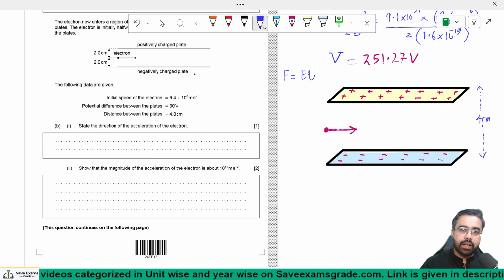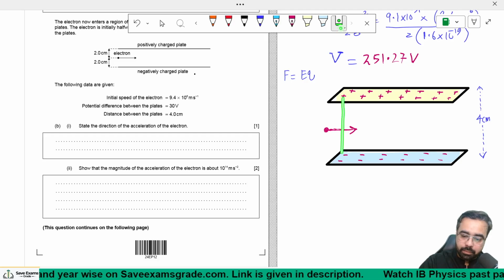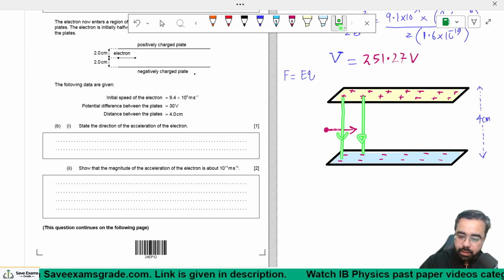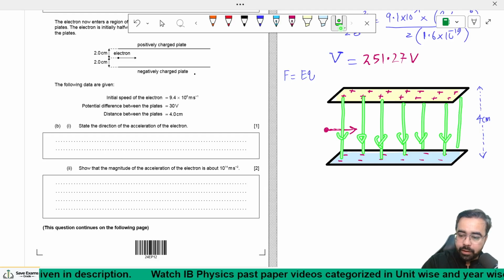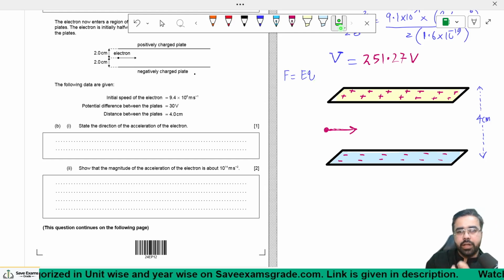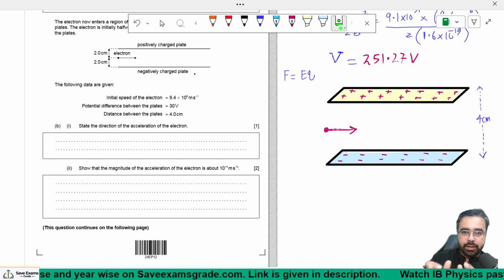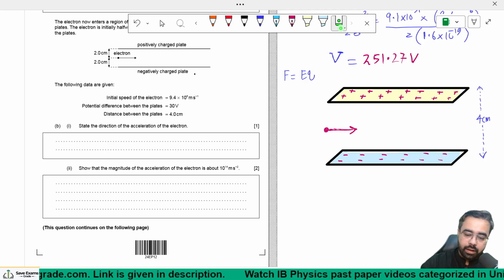When we say the electric field is uniform between the plates, and of course that is correct, the field is in the form of these parallel lines, right? So the value of E is constant everywhere between these plates, and Q is also constant. So it means that the force applied on the electron right at that point when it has entered, and even till the last second, that force will be constant and upward.